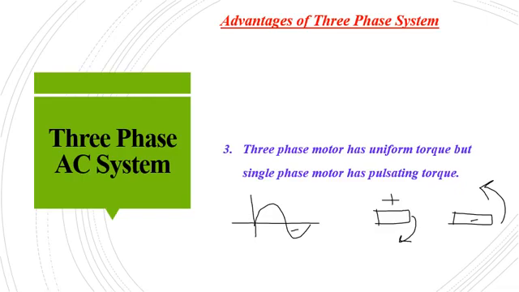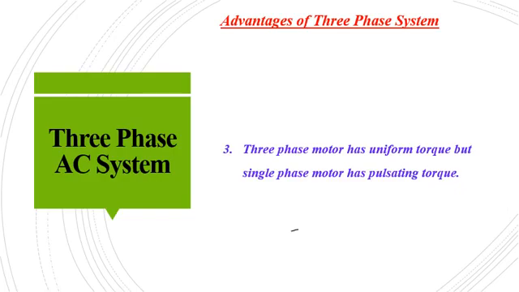This has one more disadvantage: single phase induction motors are not self-starting due to this pulsating torque, because the motors will only be oscillating. During the positive half cycle it will rotate clockwise, and during the negative half cycle anti-clockwise.